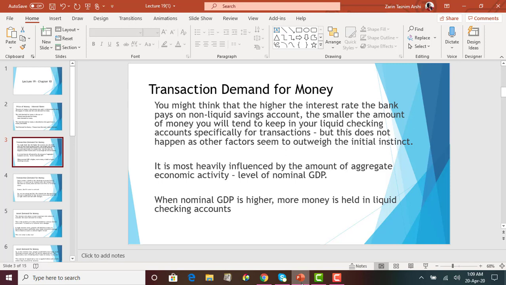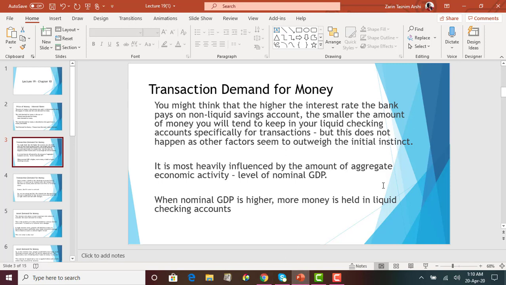So whenever you need money in order to purchase goods and services that are needed in your daily life, that's referred to as transaction demand for money. Now one thing we have to remember is that the transaction demand for money is not influenced by the interest rate.